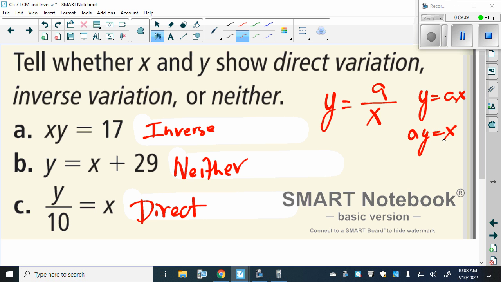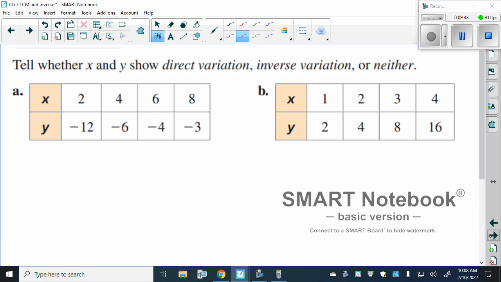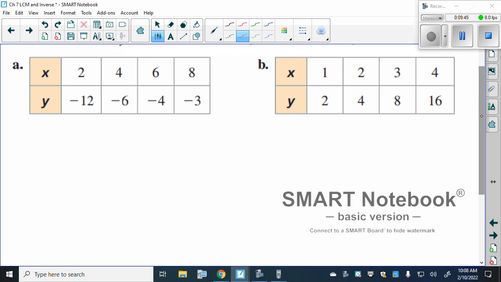Any questions on this here? Because I don't think this is the part of the chapter that most struggled with, but it's still good to go back over it again. Now, determining whether they're direct, inverse, or neither is really based off of a is equal to y times x, or a is equal to y divided by x.